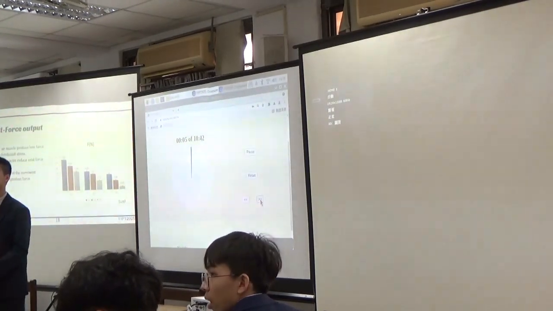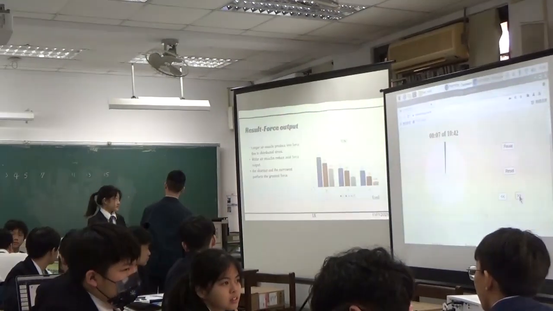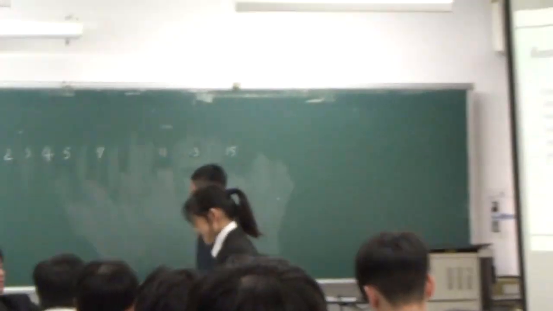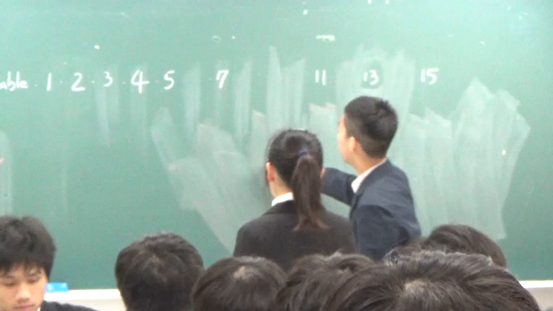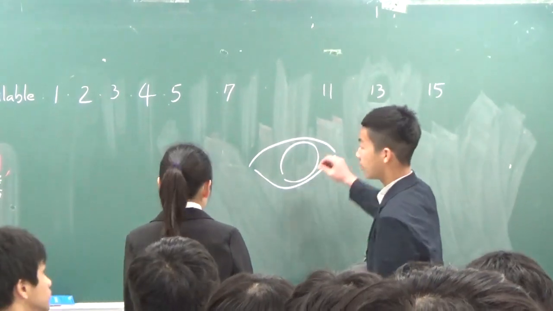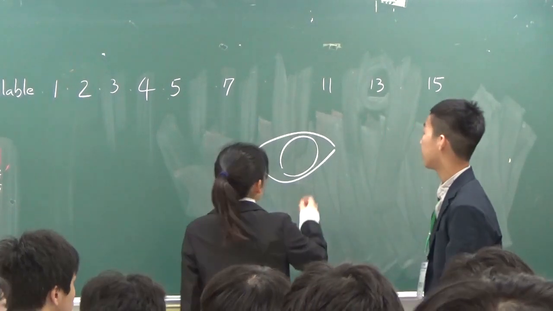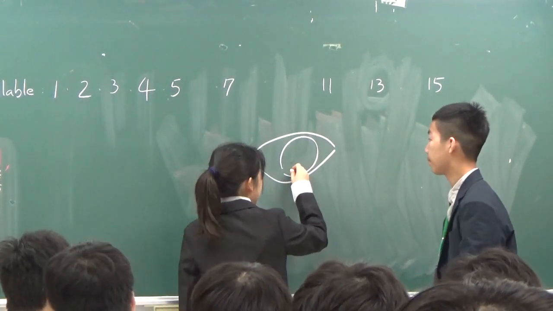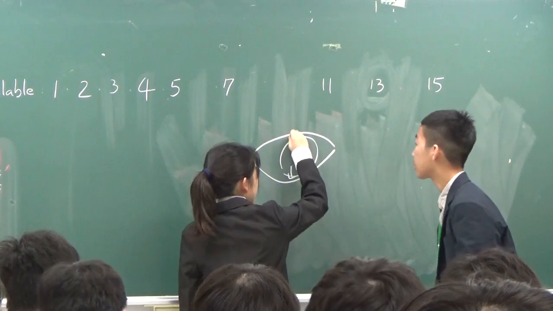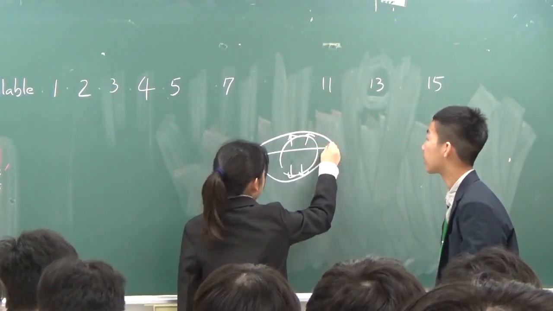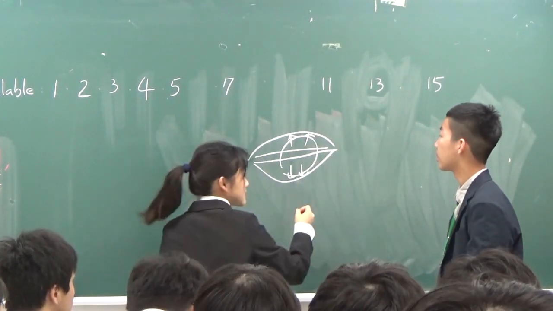Judge, can I use the blackboard? Yes, sure. This is the balloon, and this is the net. Can you draw the force diagram? Yes. And actually, the balloon is like this.